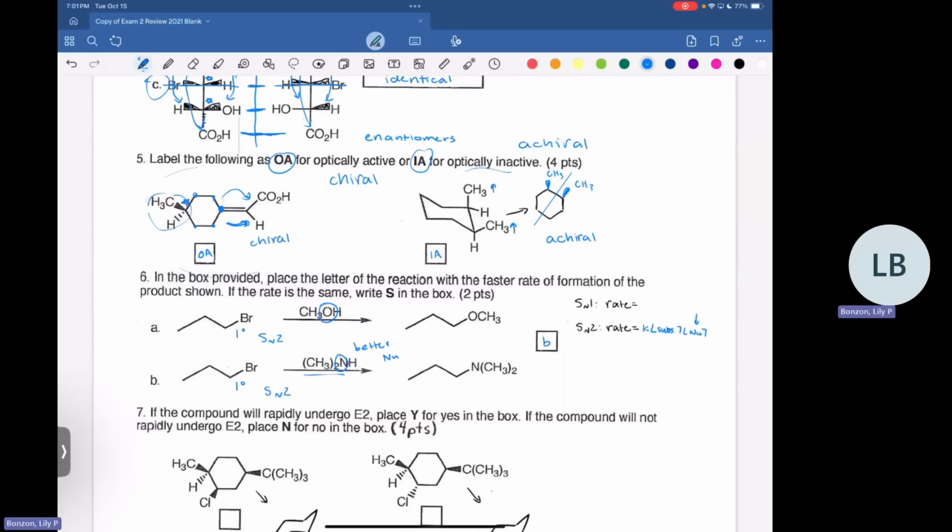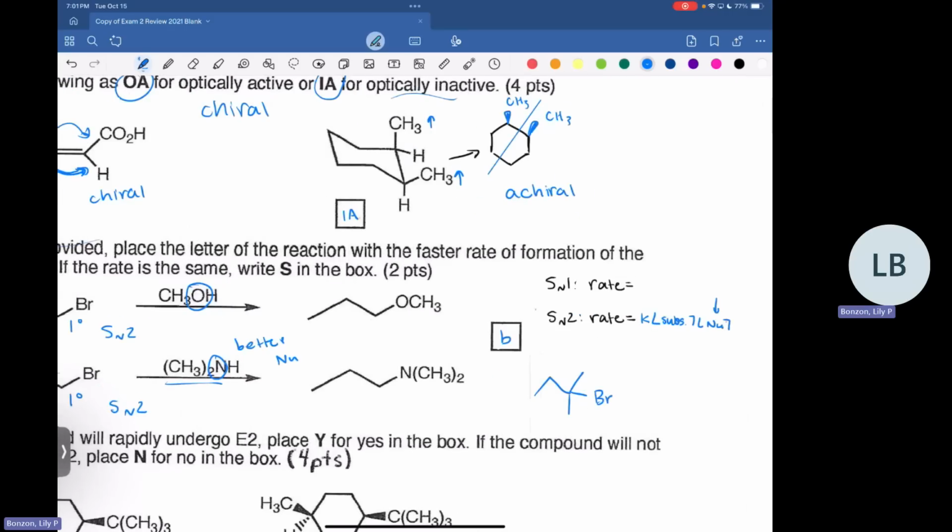Another type of question that you might be asked is if it's an SN1 process. Let's say we had a tertiary bromide. Then we'd know it's going to be SN1. For SN1, the rate is going to be k times the concentration of the substrate, and just the substrate. The nucleophile does not play a role in the rate of SN1 processes because the first step is just the leaving group leaving.